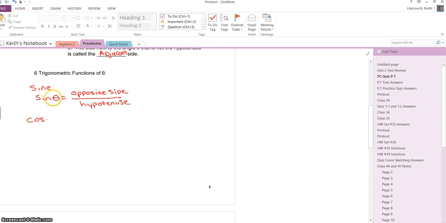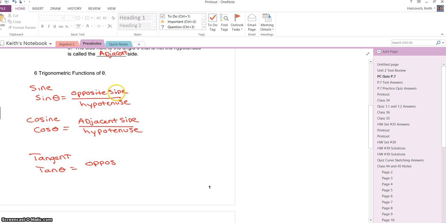There's the cosine, abbreviated COS, and that's the adjacent side over the hypotenuse. And there's the tangent, abbreviated TAN, which is opposite side over adjacent.